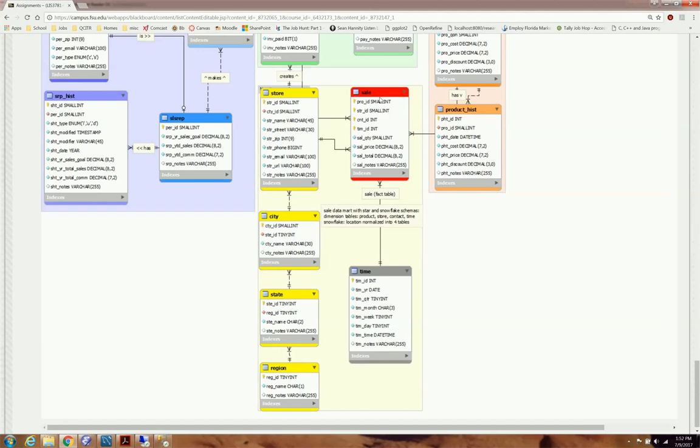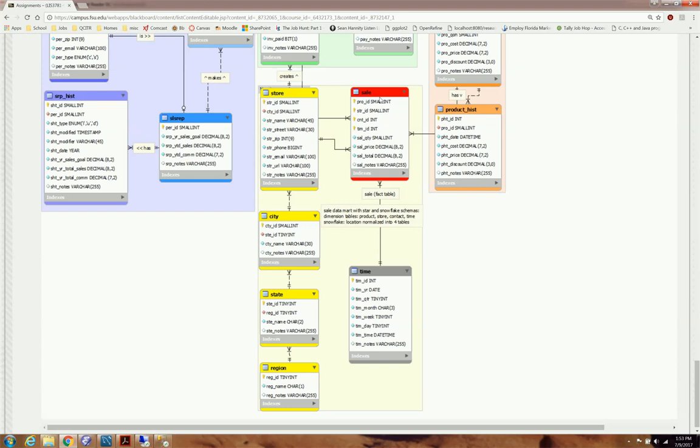Now, when you're reading through your textbook, please make sure that you understand the distinction between the various schemas, what a fact table is, what a dimension table is, what a star schema is versus a snowflake schema, and also make sure you understand why we have these distinctions, and what the purpose of the different types of schemas are, as well as what the differences are in the dimension table versus a fact table.